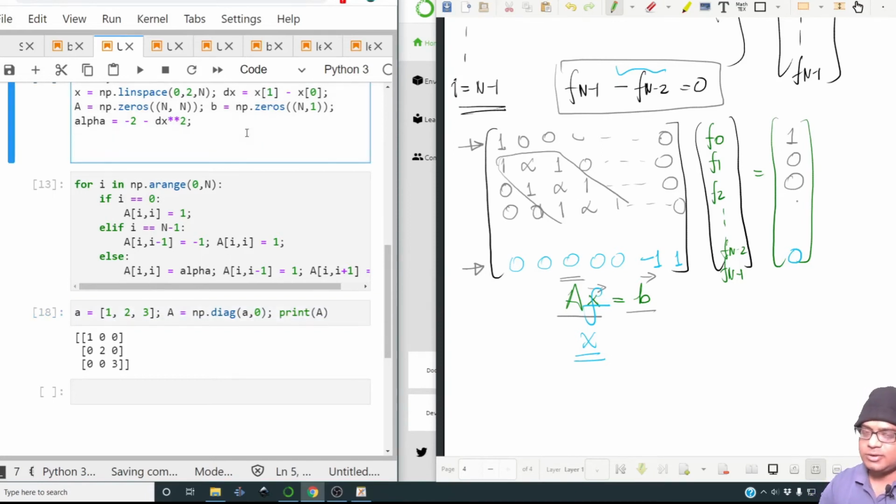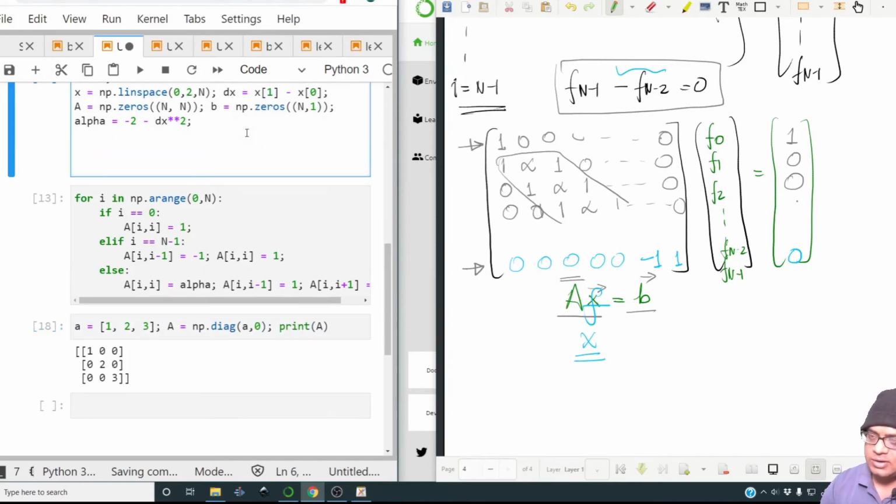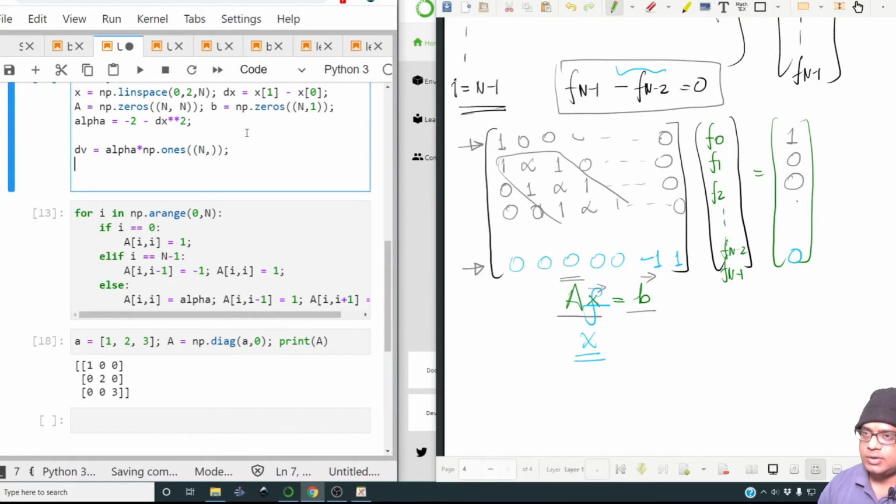Okay, so let me write this. The diagonal vector dv is going to be alpha times np.ones of size n, just a vector. Then dv1 is the offset.